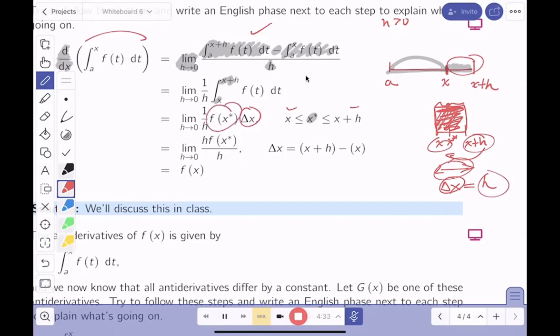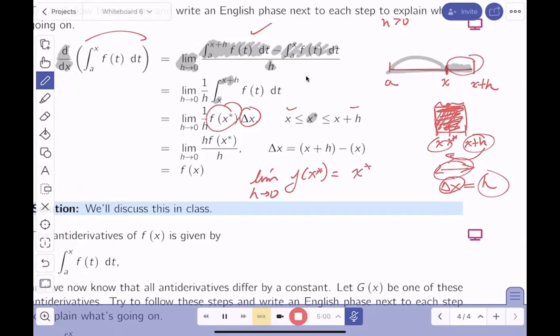They say the function evaluated there, and then they write down that delta x is just h. So what do you get over here? Well, look at it. You've got the h's canceling off. So what do you get? The limit, I'll write this over here, as h goes to 0 of f of x star. What would that be?